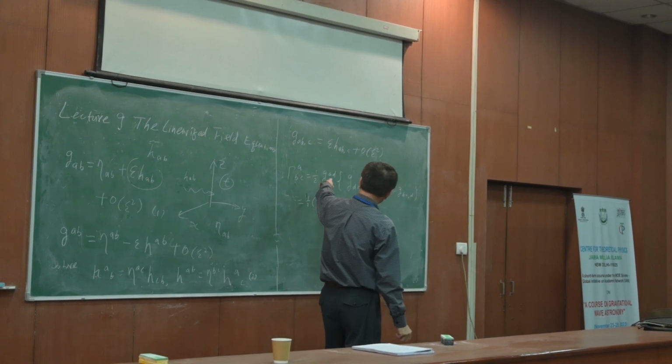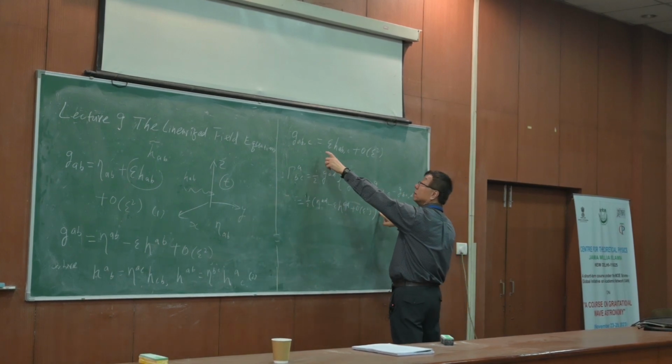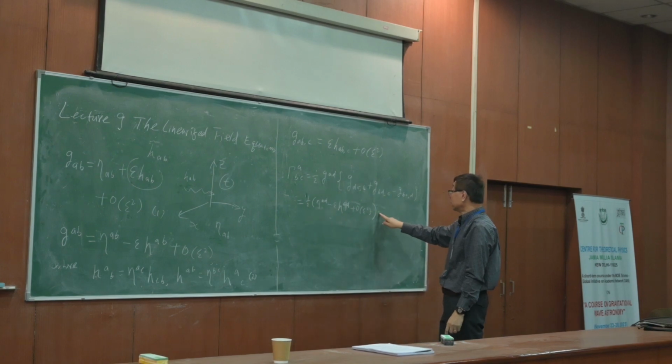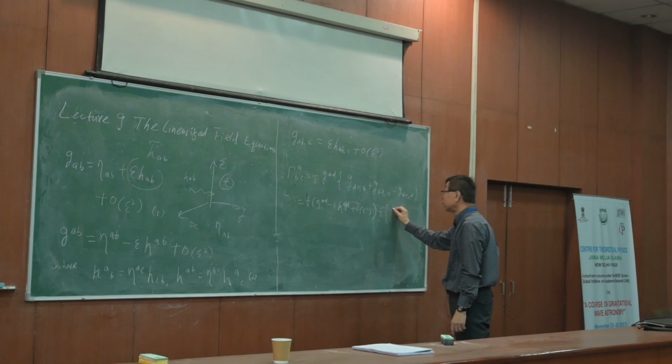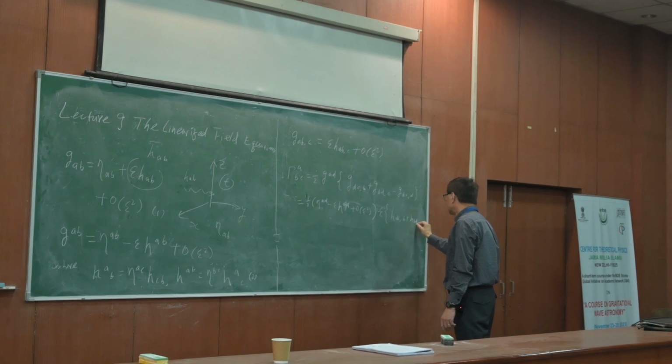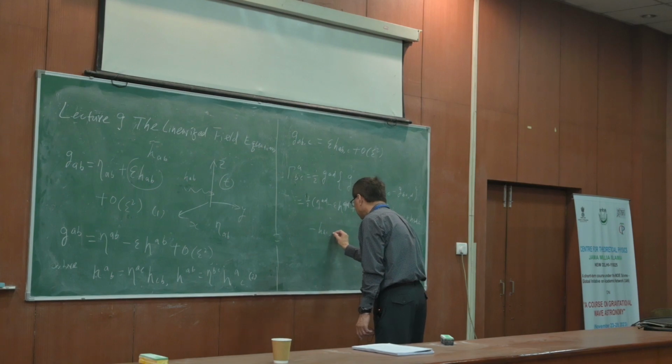So this is my g^ab. Then this guy, you see here epsilon is already out, so I simply put epsilon here: h_dc,b plus h_bd,c minus h_bc,d plus.